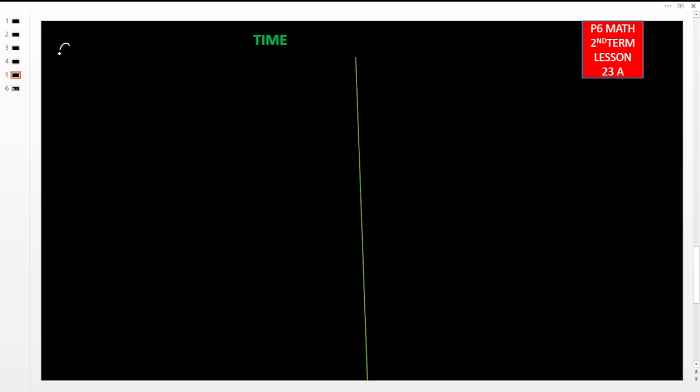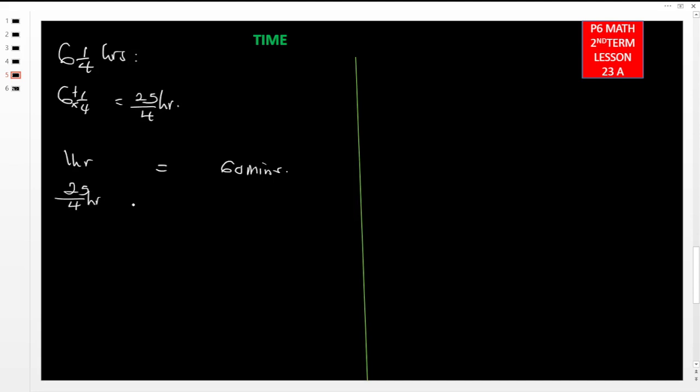If we are given 6.25 hours here, this is going to be 6 by 4, 24 plus this one, 25 out of 4 hours. What is the leading statement? 1 hour is equal to 60 minutes. Then how about 25 out of 4 hours? This is inverted L, 25 out of 4 hours all over an hour, then times the 60 minutes.